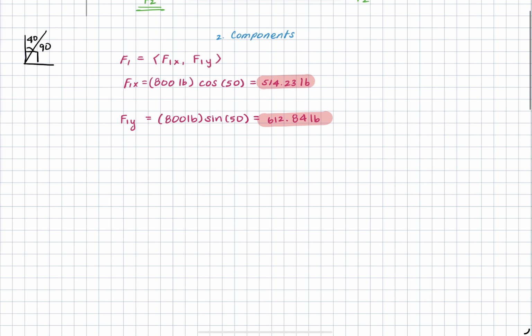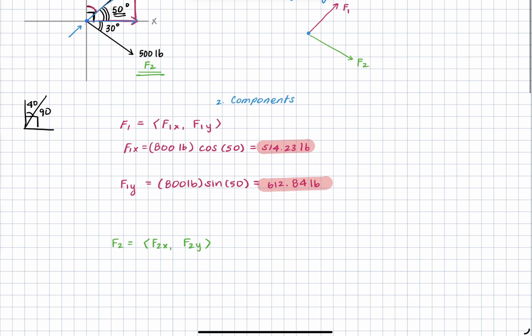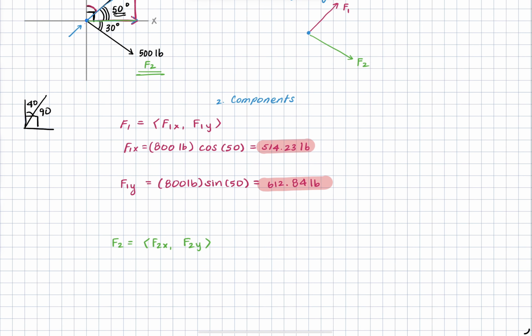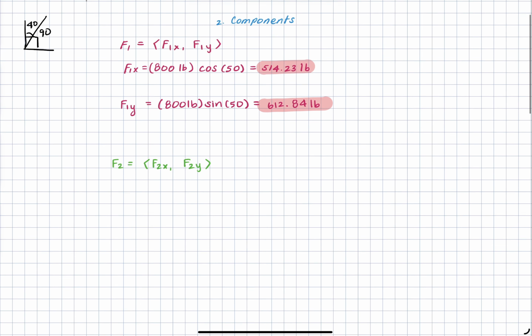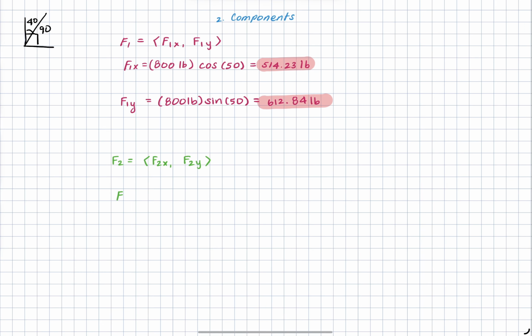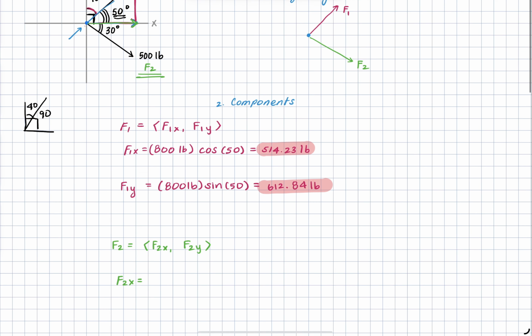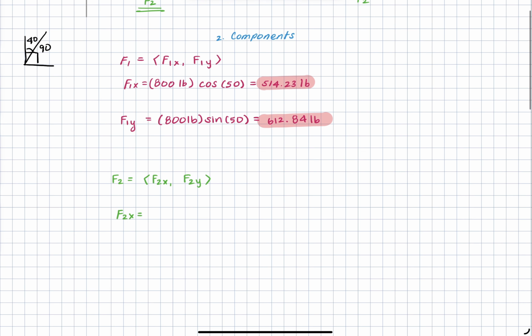And we're going to do the same thing. So we have force 2 equals the force in the x component, comma, the force in the y component. To get the x component, F2x equals F2, which is 500. We're going to take the magnitude.